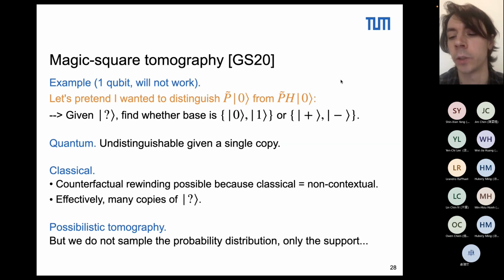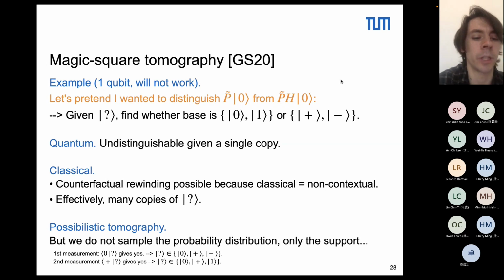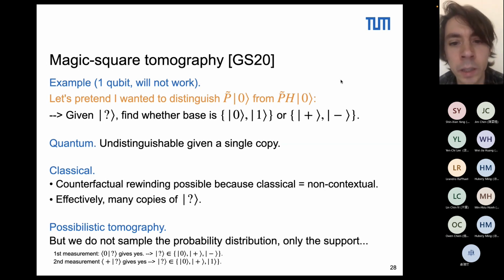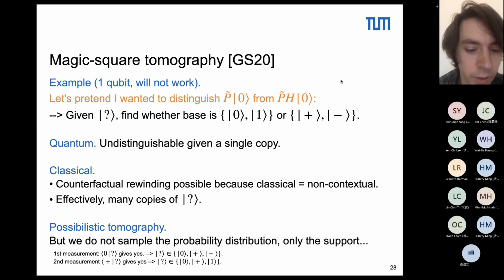What we sample is only the support. For example, if for my first measurement, I measure in the 0, 1 basis, and it tells me the state is a 0, then I know that the state couldn't have been 1 because this had probability 0, but it could have been either 0, plus or minus.